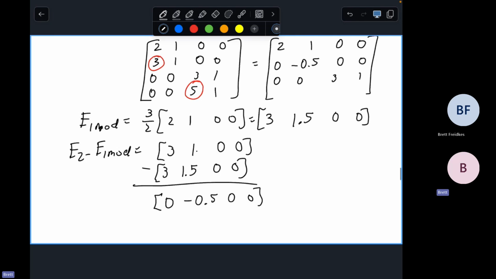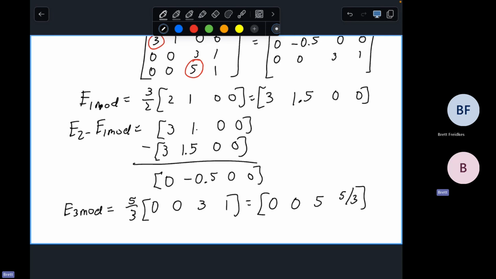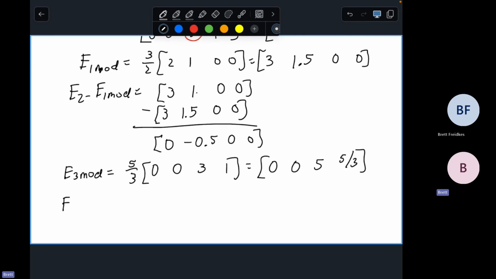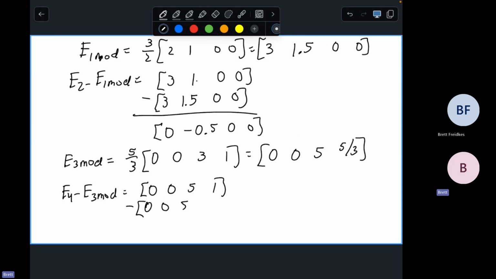E3, that's correct. Because that's the diagonal term is this term where the 3 is. So we'll do E3 mod. That will be 5 thirds times 0, 0, 3, 1. That'll be 0, 0, 5, whatever 5 thirds is. Then we'll do E4 minus that, which will be 0, 0, 5, 1, subtract 0, 0, 5, 5 thirds.